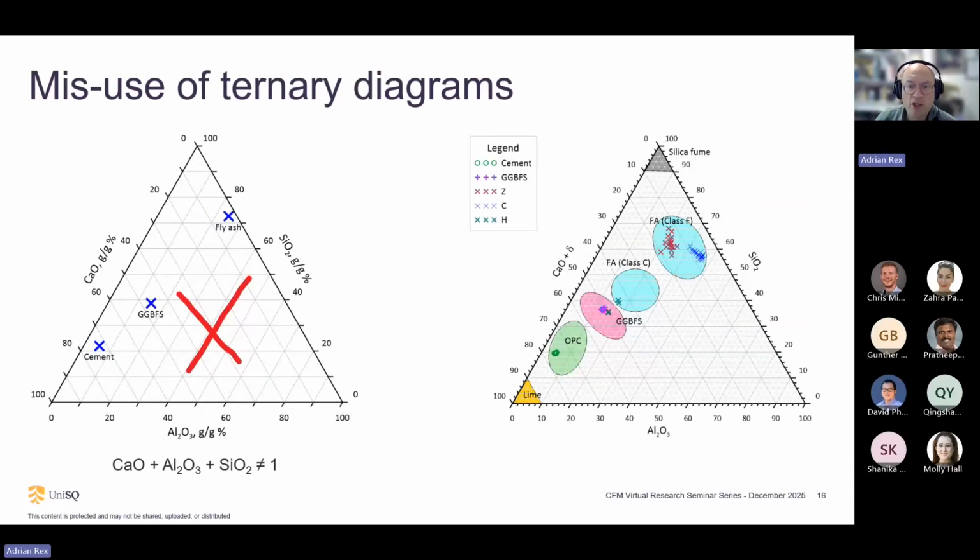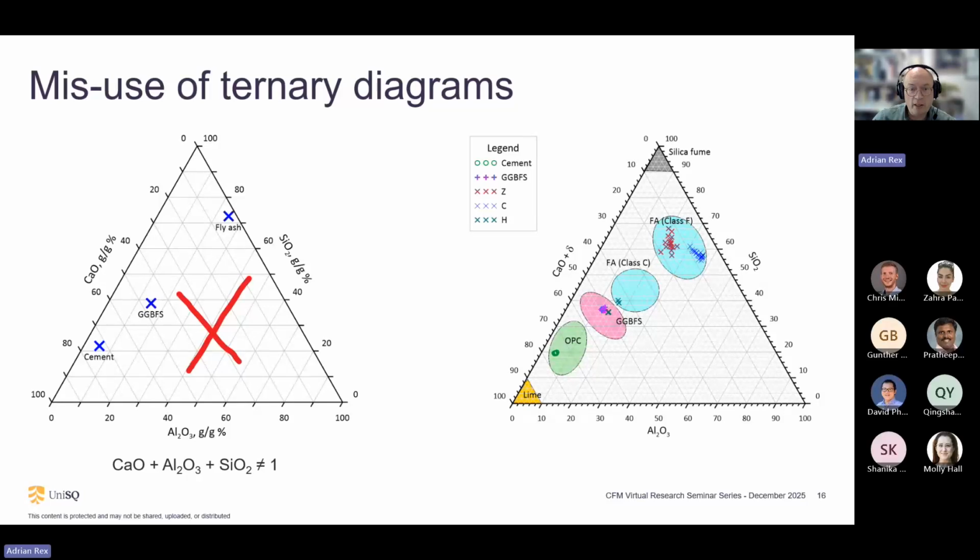A little bit of diversion here. I like ternary diagrams. They're a very good way of looking at the composition of a complex material. If you look at the literature, unfortunately, you'll see many ternary diagrams here plotting the major constituents of cementitious materials: calcium, silica, and alumina.